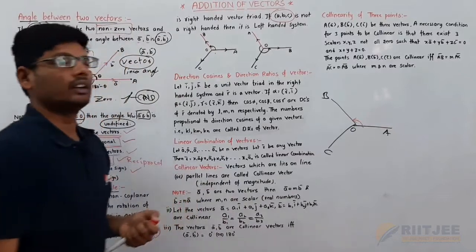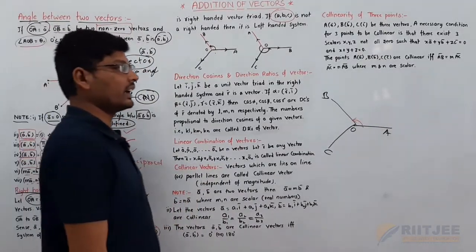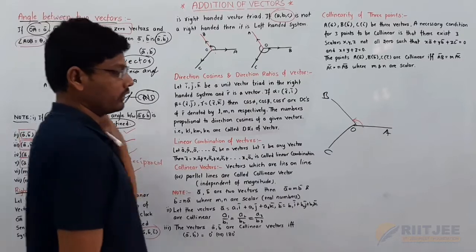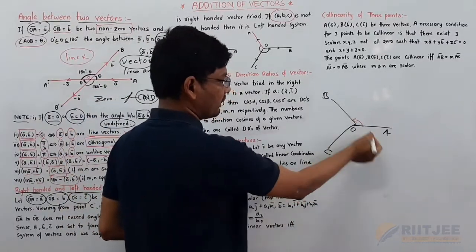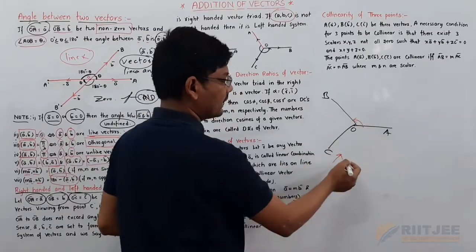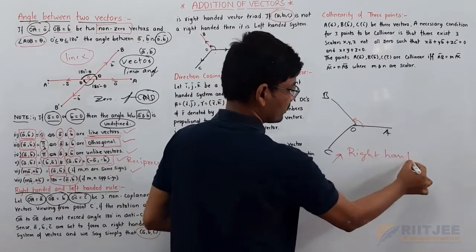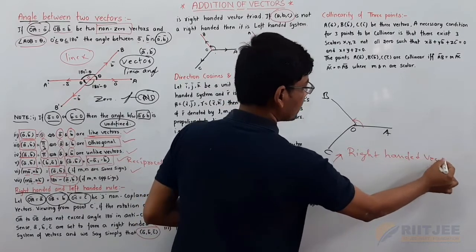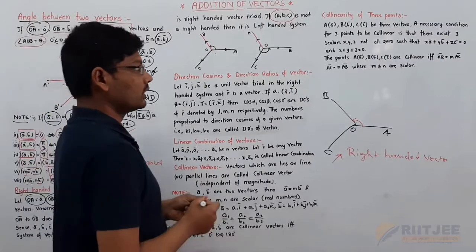If you see from the third point C, the angle between these two vectors OA and OB is a right-handed system. And the other one is nothing but left-handed, like this.